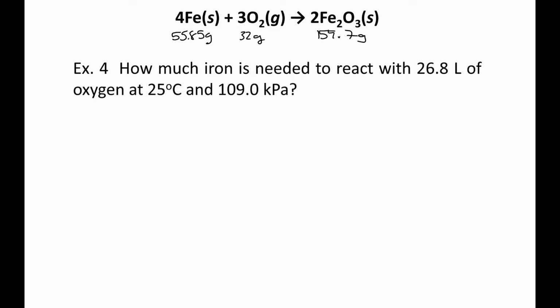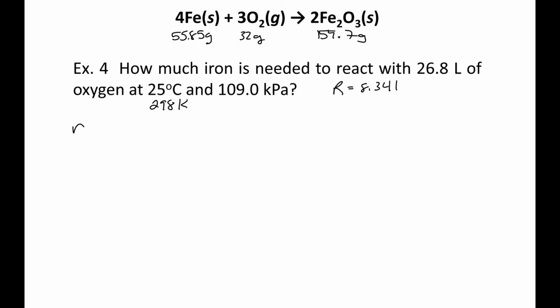Okay, so how much iron is needed to react with 26.8 liters of oxygen at 298 Kelvin, because you have to turn them into Kelvin, and 109.0 kPa, which means my R value is going to be 8.341.